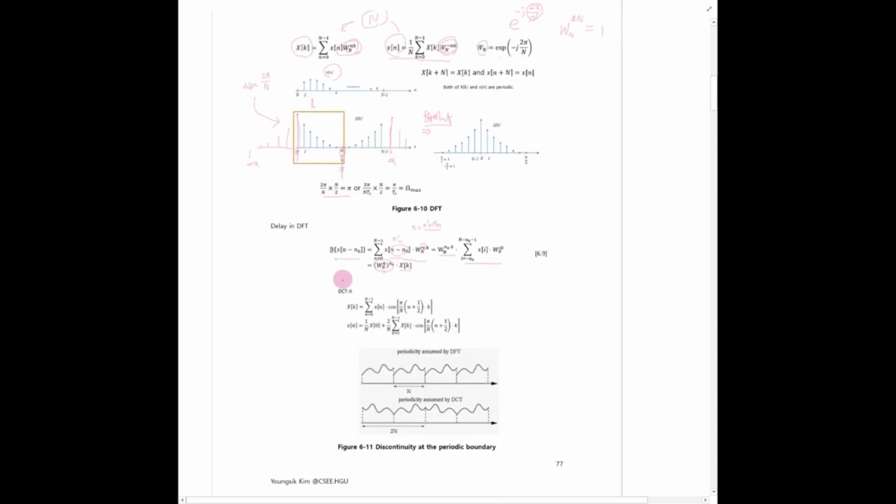Another thing I would like to mention at this moment is the discrete cosine transform. Here shows the DFT idea. You know that we have only N data. This is 0, and this end point is N minus 1. But we know that this sequence should be periodic.